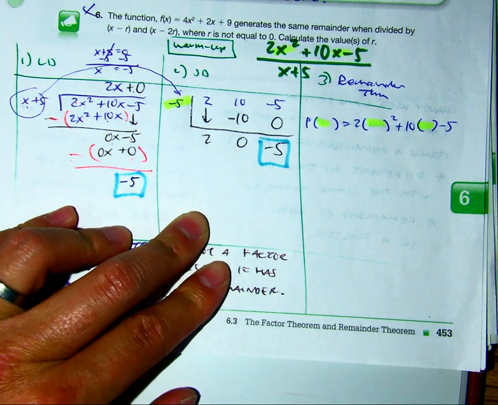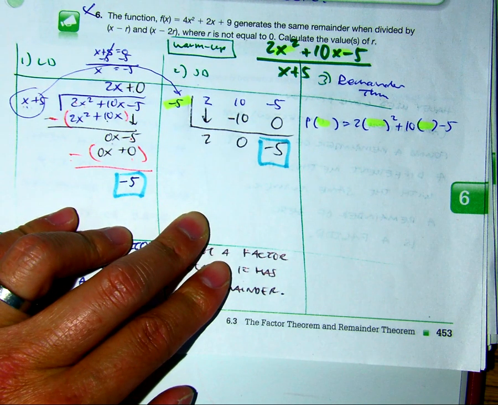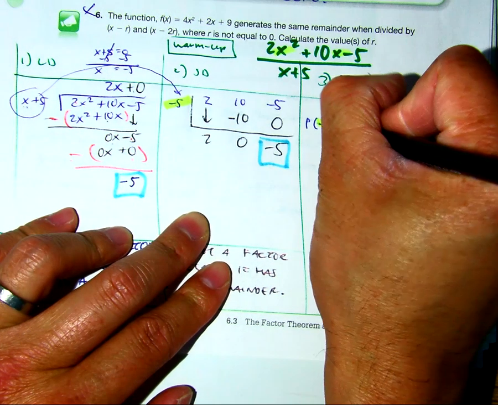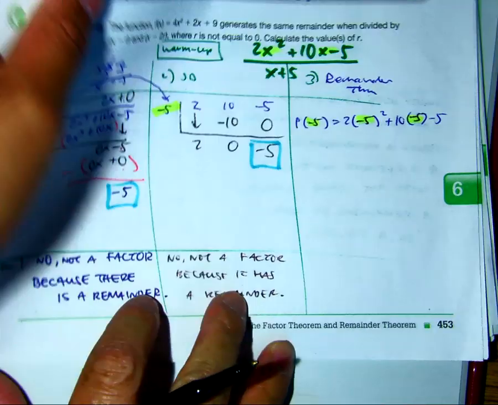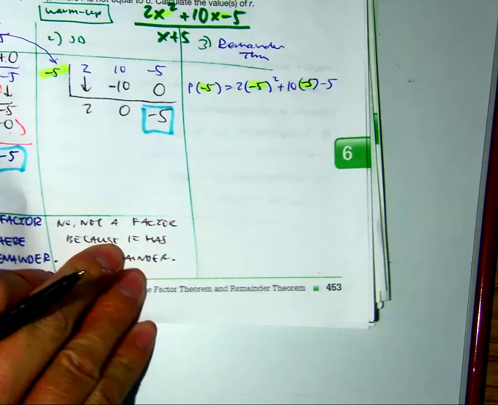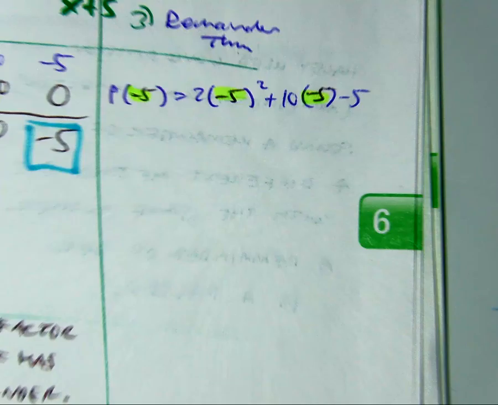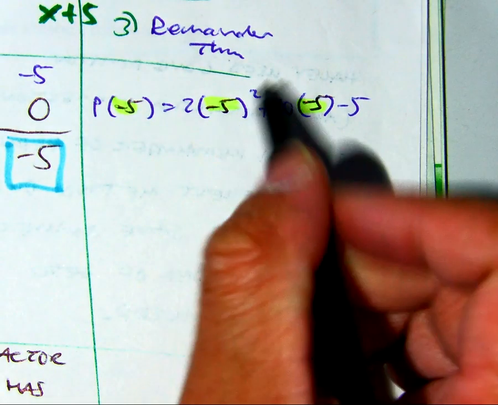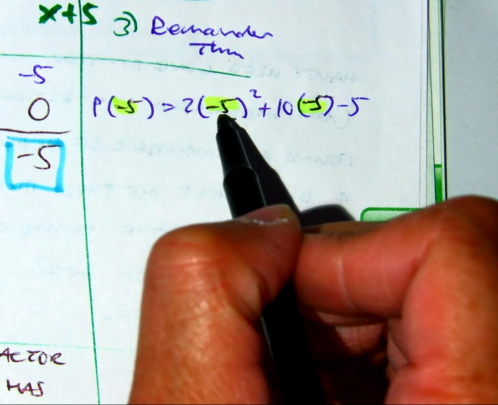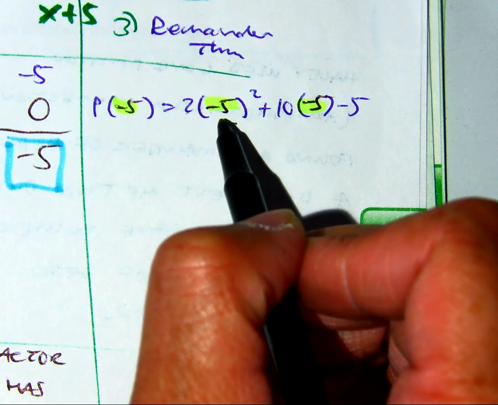Are you writing this down? Alright. Here we go, Jesse. Jesse, should I do 2 minus 5? Should I do 2 times negative 5? Why is 2 times negative 5 incorrect?